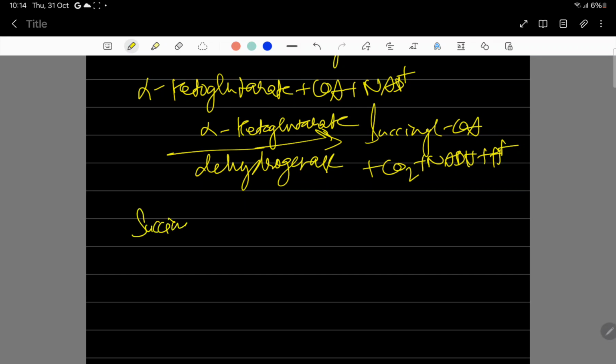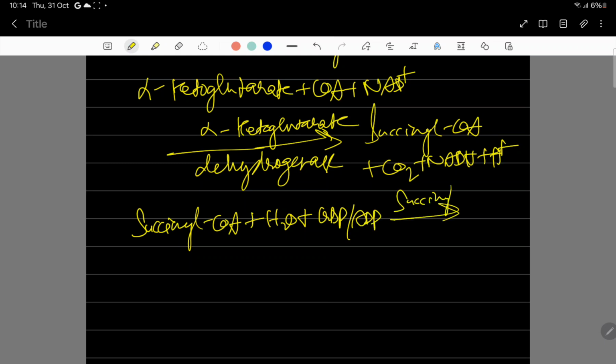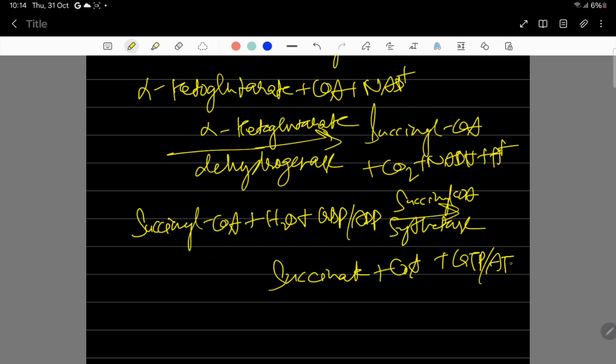So succinyl coenzyme A plus H2O plus GDP, with succinyl coenzyme A synthetase, gives you succinate plus coenzyme A plus GTP.